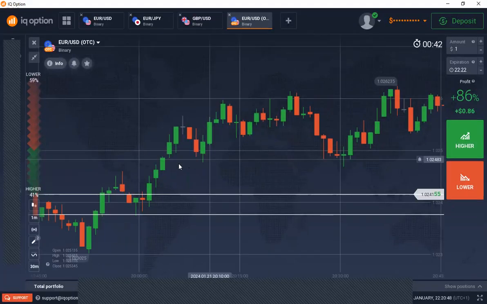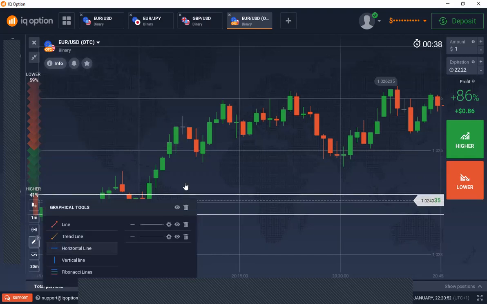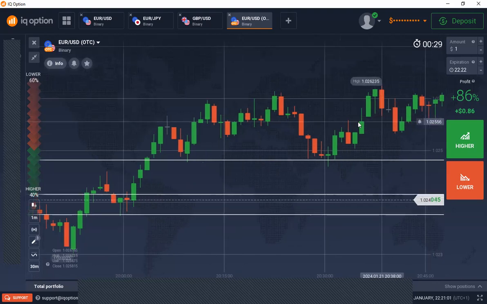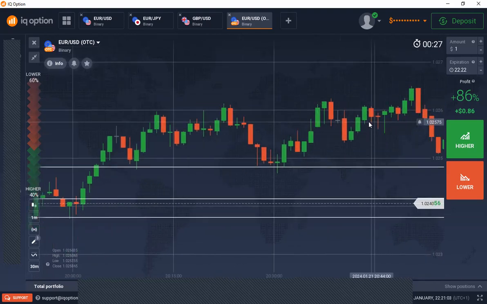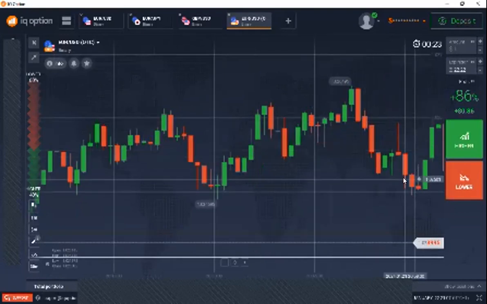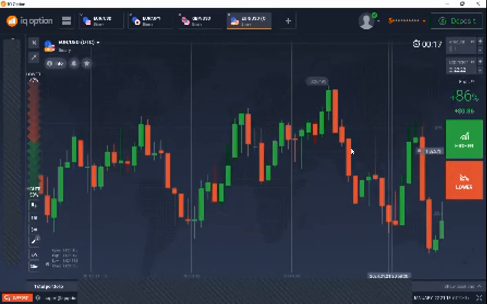Okay, you can see the price reverse again to the upside. What happened? The price again visited the level the second time and reversed to the upside, but not for long. That is what we call inducement.